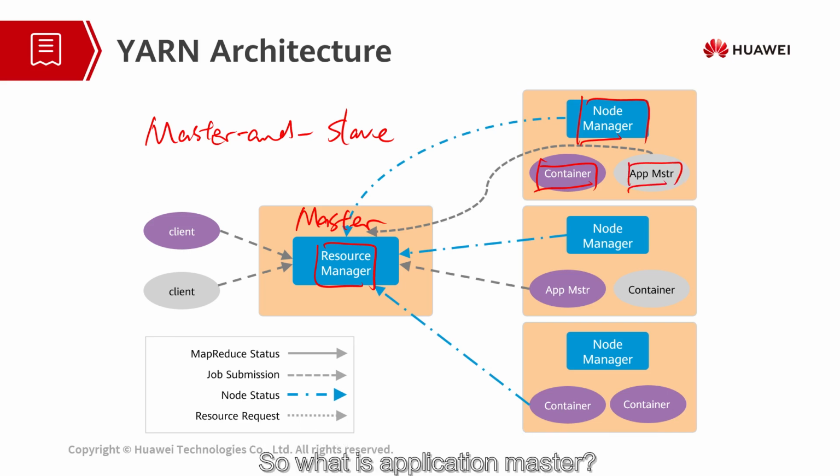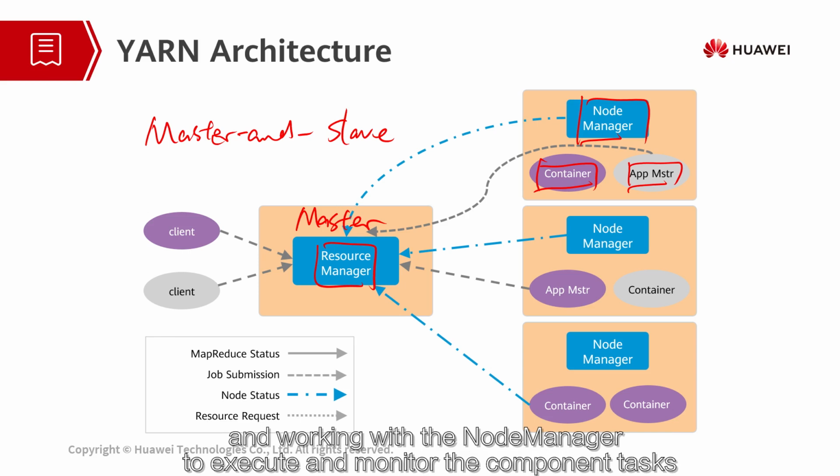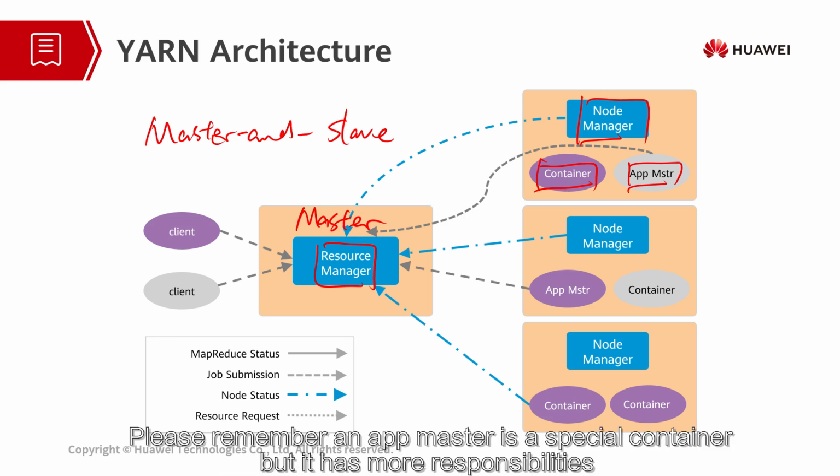So, what is an Application Master? Application Master is just a very special container, which is like a team leader, and is responsible for negotiating resources from the Resource Manager and working with the Node Manager to execute and monitor the component tasks. Please remember, an Application Master is a special container, but it has more responsibilities.